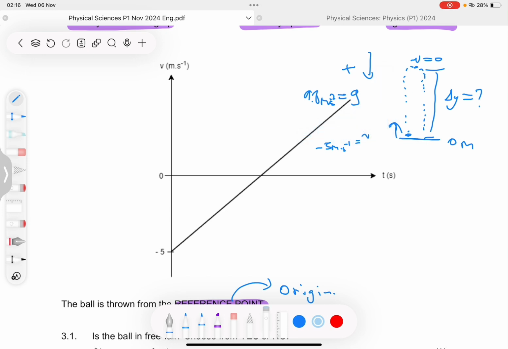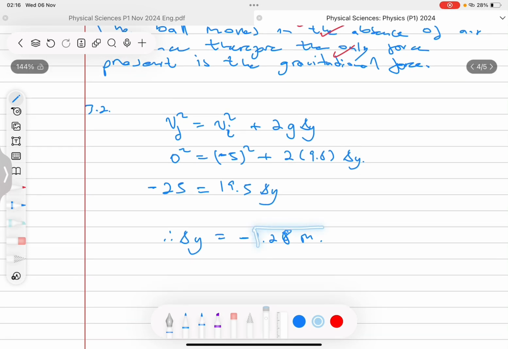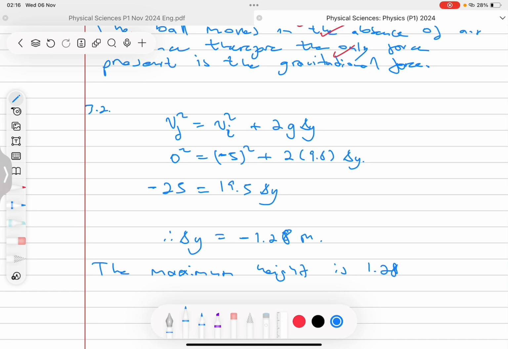But now we are looking for the height, and height is a scalar quantity. That means we only want the magnitude of this displacement. So to answer our question, we will say that the maximum height is 1.28 meters. Now this is your answer.